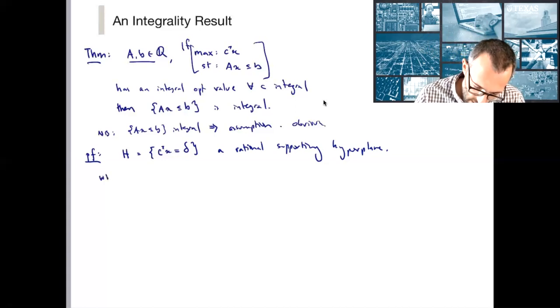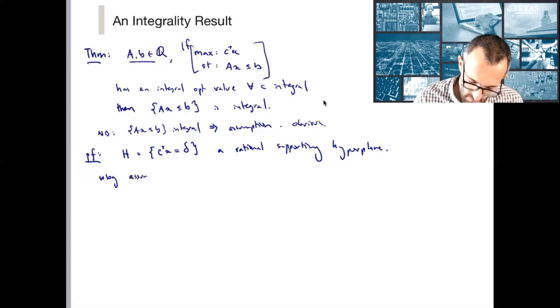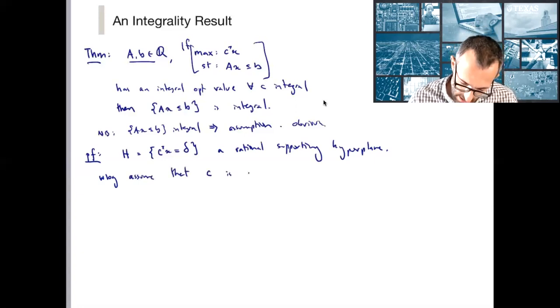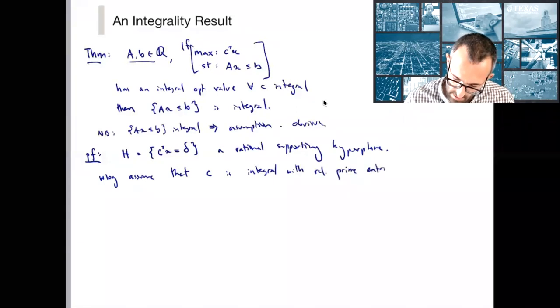So in other words, without loss of generality, I can assume that c is integral with relatively prime entries.